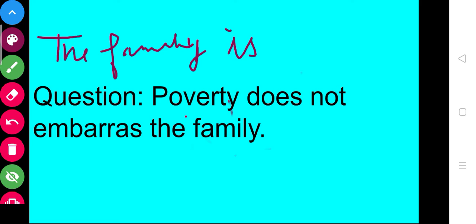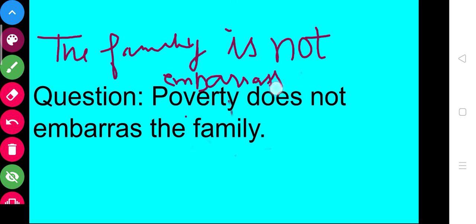Now it is negative, it will remain negative. Okay, in the active and passive voice it happens like that. The family is not embarrassed, double S, by poverty.